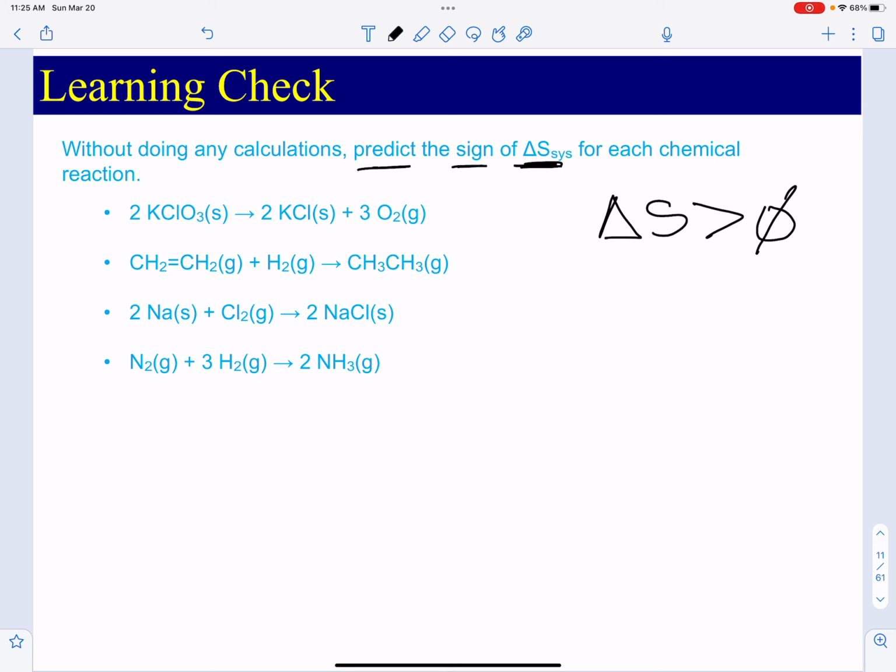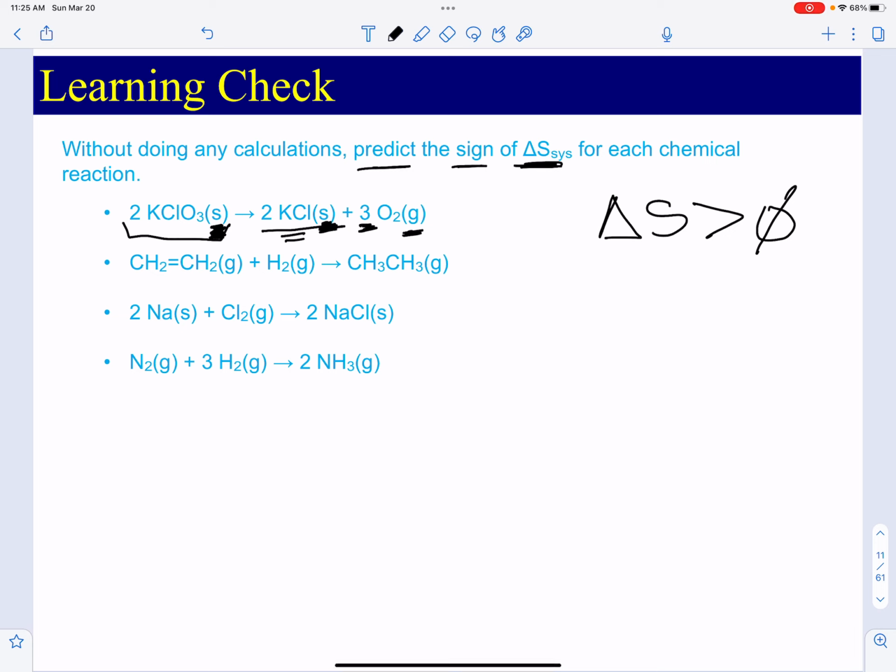So what do we see on this reaction? We see two formula units that are solid, and it's producing two more formula units that are solid and three molecules that are gas.